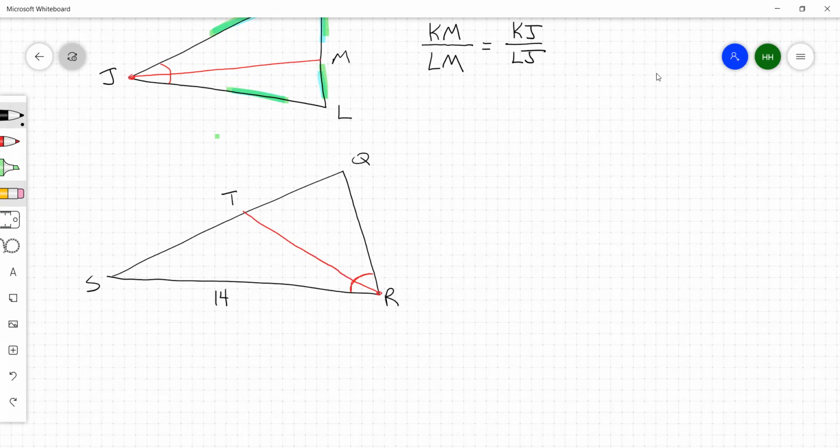I'm guessing that's a 6. Yeah, it looks like a 6. Q to R is 6. S to Q, that's 18.